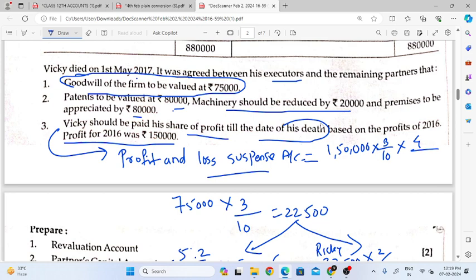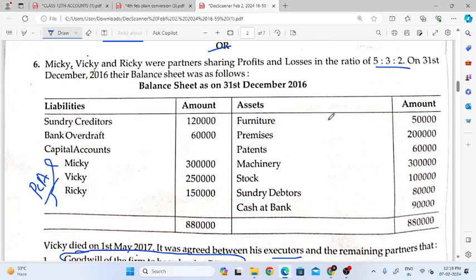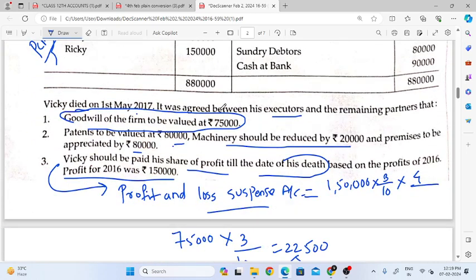He died on 1st May, so 4 upon 12, which will give you 15,000.